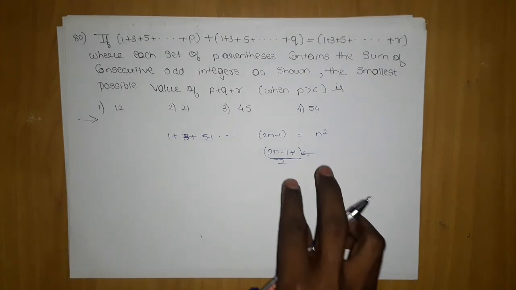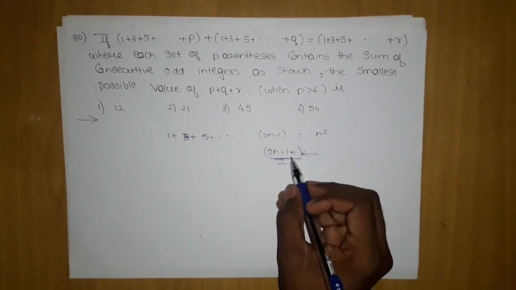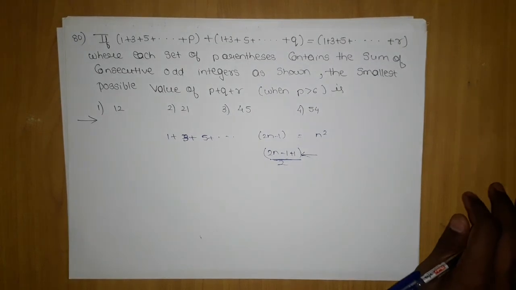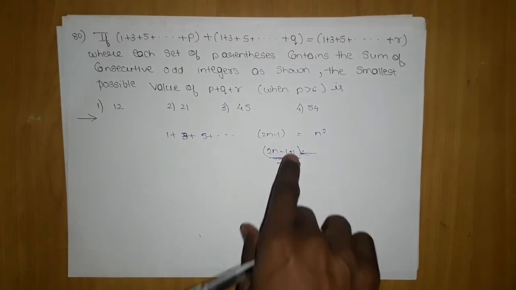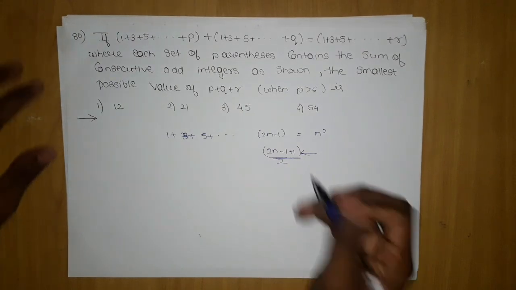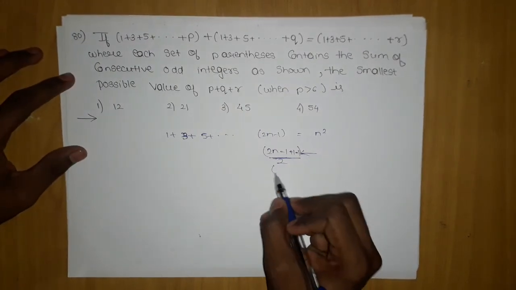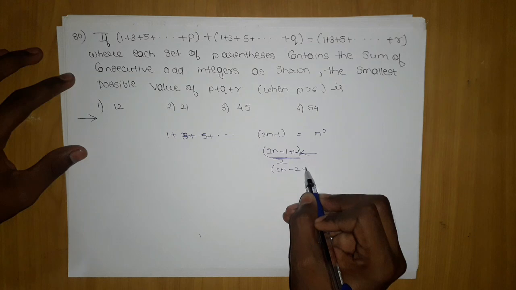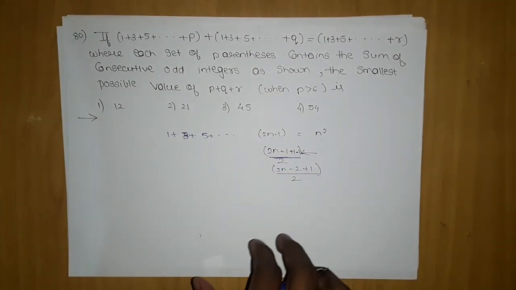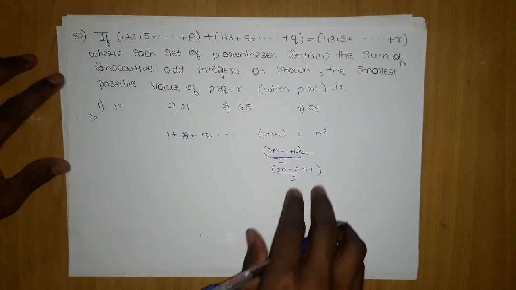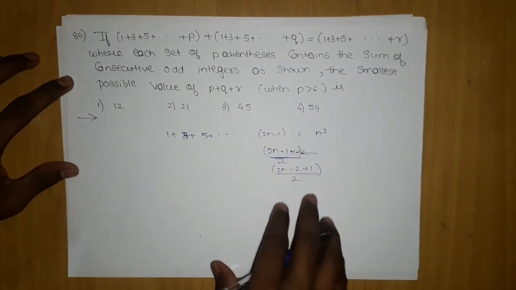We write the last term like this, add minus 1 and plus 1 to it, which gives me 2n minus 2 plus 1 by 2. This is the thing which we do, and its value still remains same. 2 will cancel out.